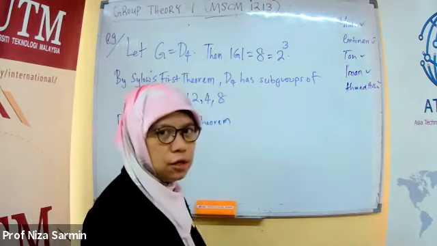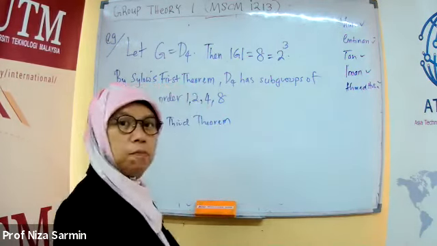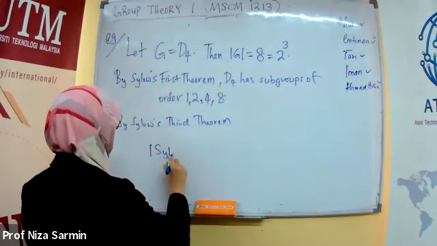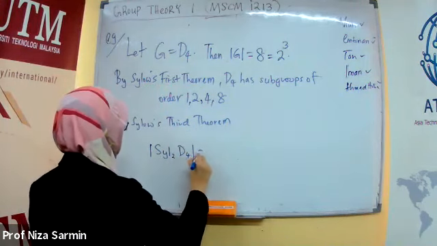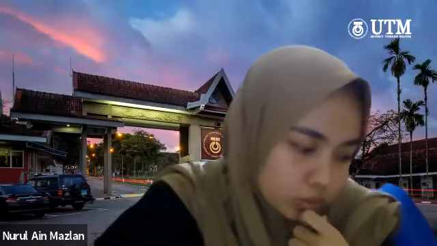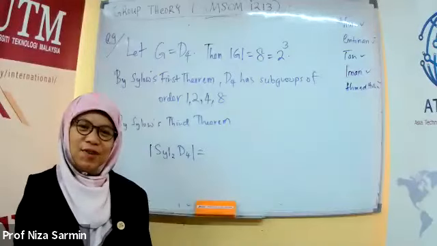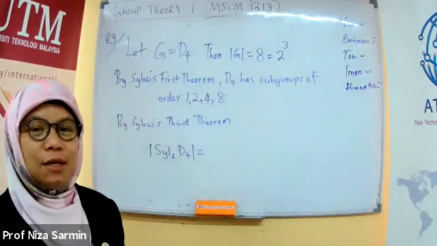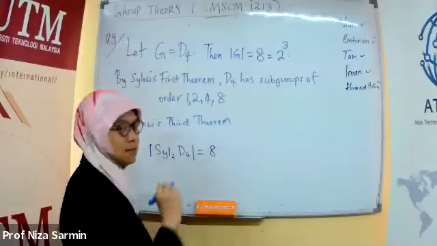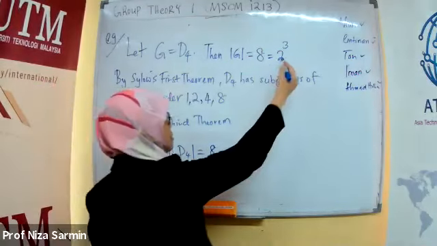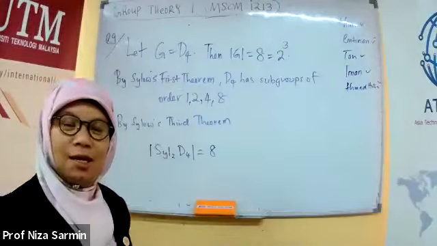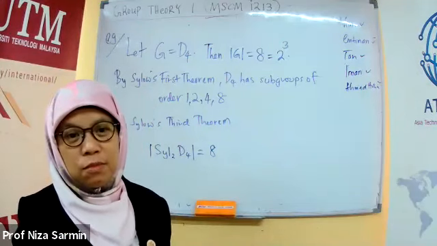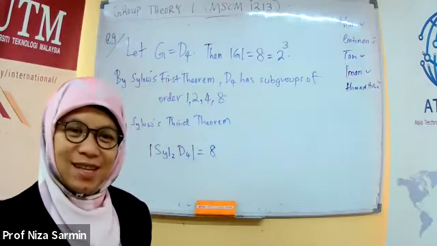First let me ask you, what is the order of the Sylow 2 subgroup of D4? 8. 8 is the highest. So this is an example because it's a P group. For a P group, it's the Sylow P subgroup of itself.